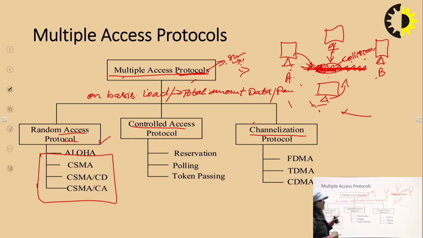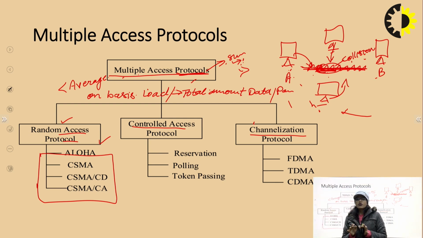If we have a small, less amount of data load, below average, meaning on your network you have very little data to transfer on the medium, then we will always prefer these protocols, right?